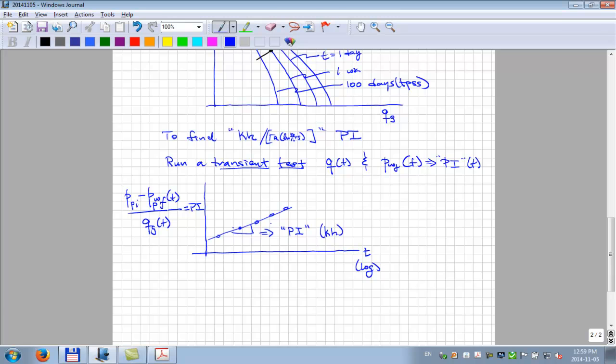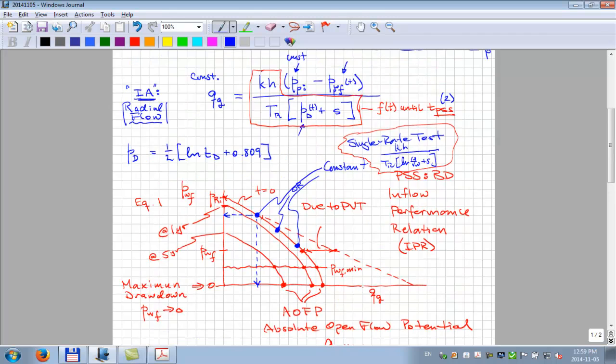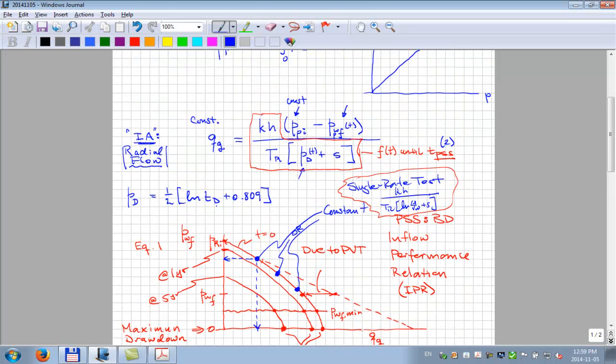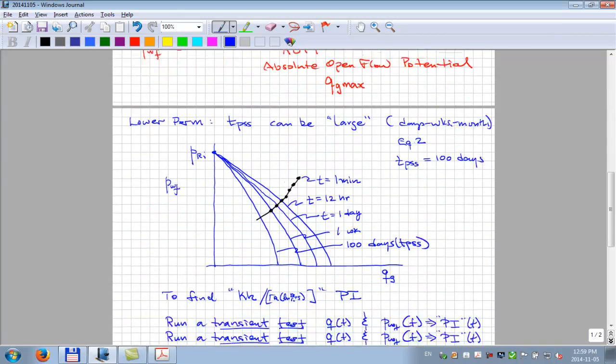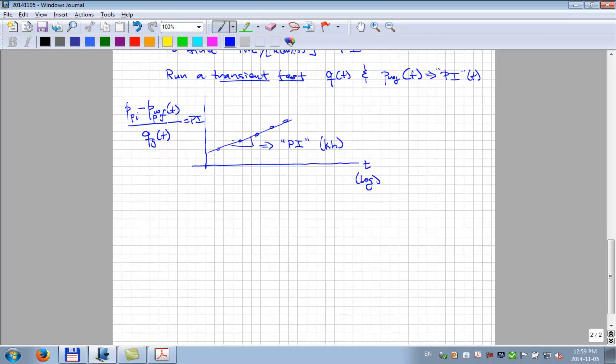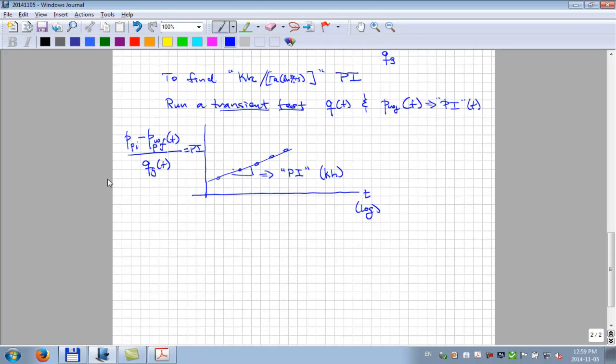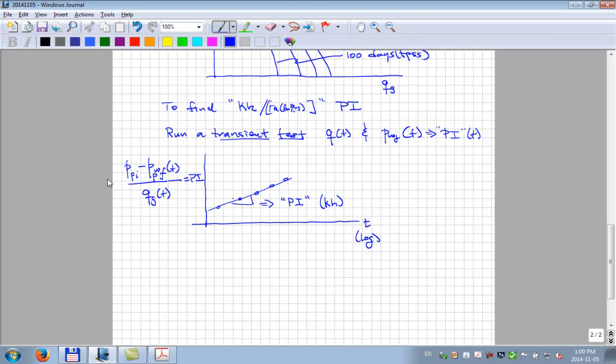And then that's interpreted, because we know how that should change, it should change as the log of time, or square root of time.